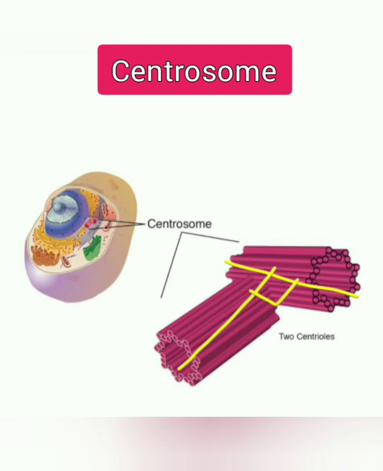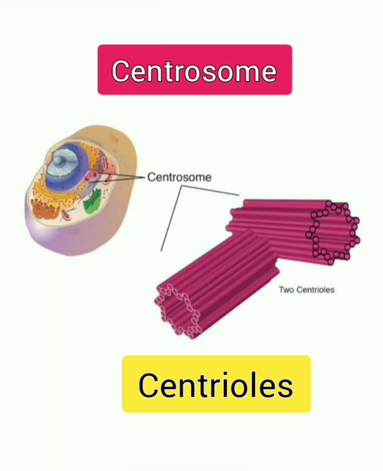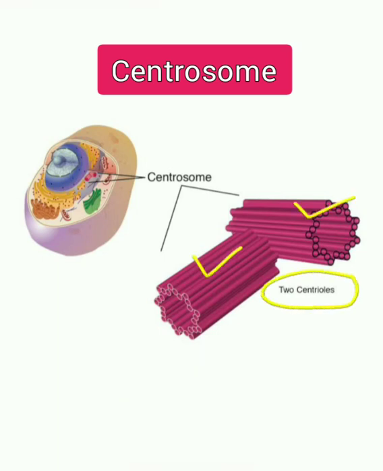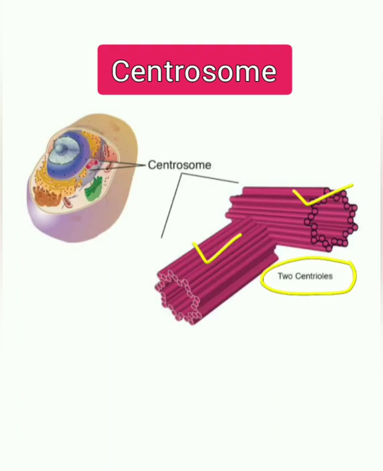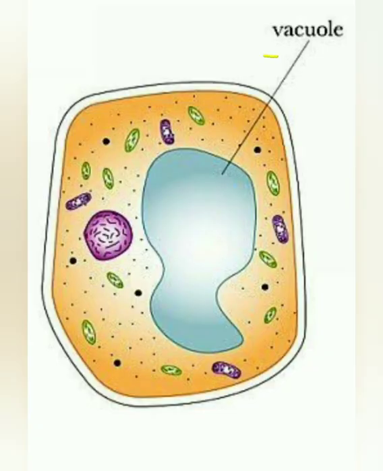As you see, it's forming a right angle. And such cylindrical bodies are called centrioles. So here two centrioles are present. So what is its function? It helps in the formation of spindle fibers during cell division.